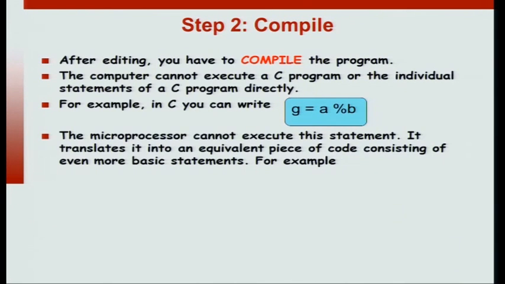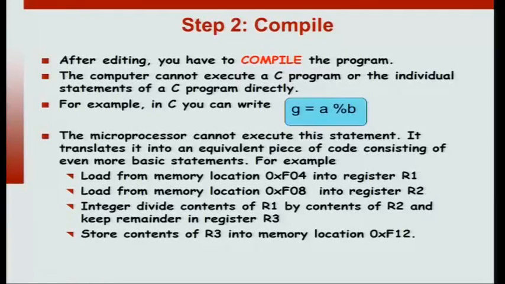it translates it into an equivalent piece of code consisting of even more basic statements. For example, this is just for the purpose of illustration, and it's not important that you understand exactly what's going on.